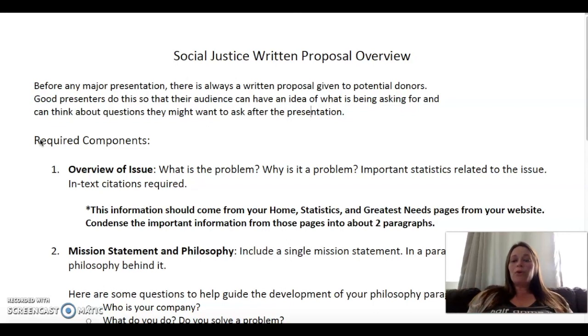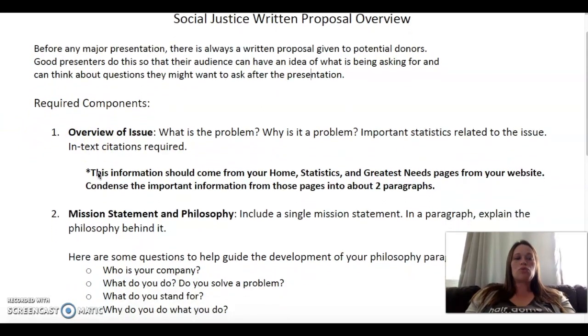However, in the real world, in the business world, your bosses are not going to care that you have a heading or header. Okay, and so MLA format is really not what we're working with here. The only thing I want to see in MLA format are your citations, and that's where I'm kind of breaking the business world structure for this assignment.